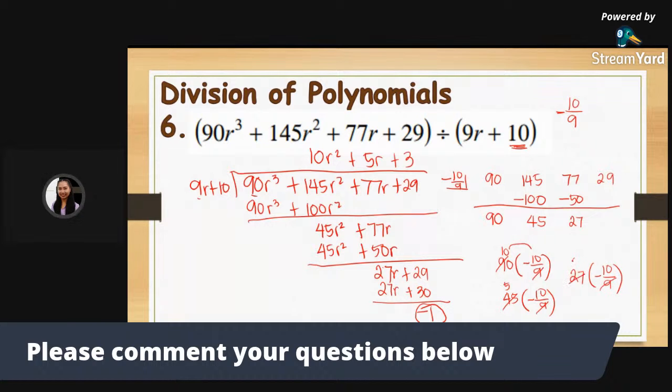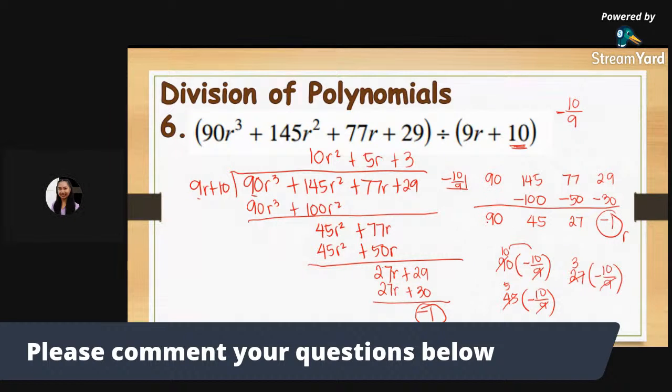If we cancel them, we have 3. That is negative 30. Okay? So negative 30 plus 29, the answer is negative 1. So this will be our remainder.